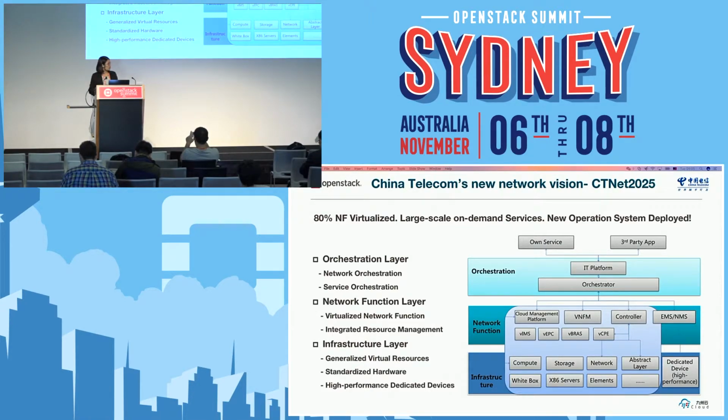By the year 2025, China Telecom will achieve the goal of 80% of network functions virtualized, support large-scale on-demand services, and deploy our new generation operation systems.